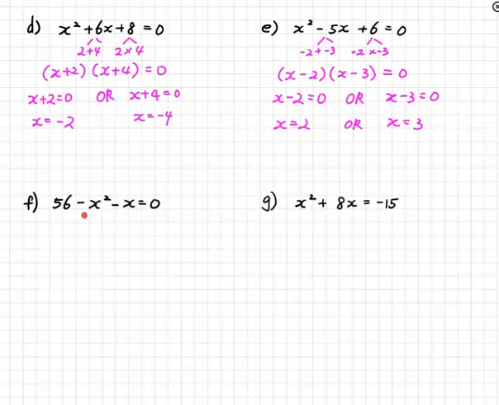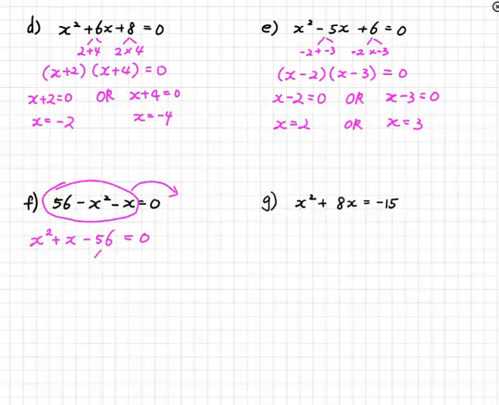That's not really nice as well. So we're going to make it positive. So that means we need to bring everything on this side to the other side to swap it. So therefore we can have x squared plus x, you are basically switching all the signs to the opposite, and minus 56 equals 0.